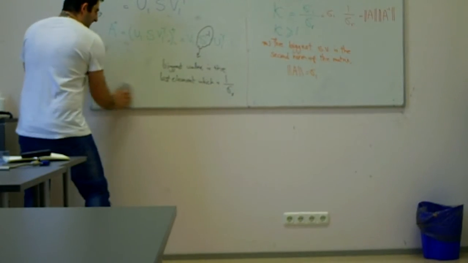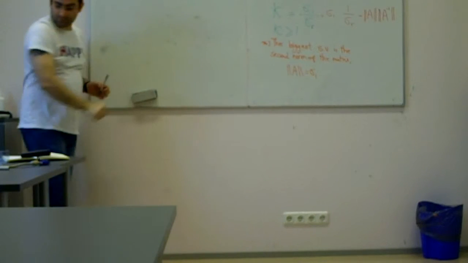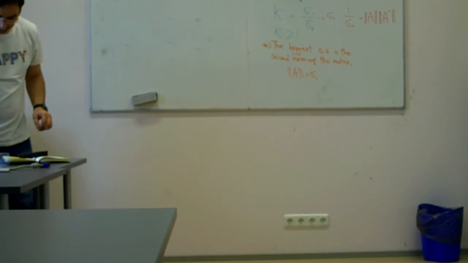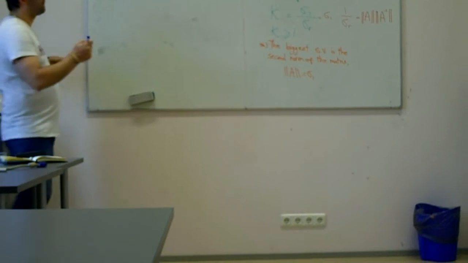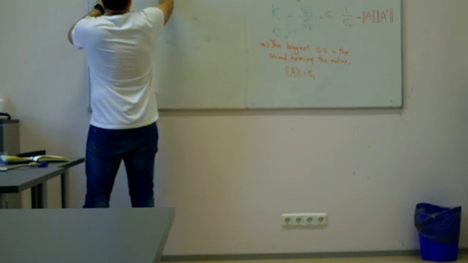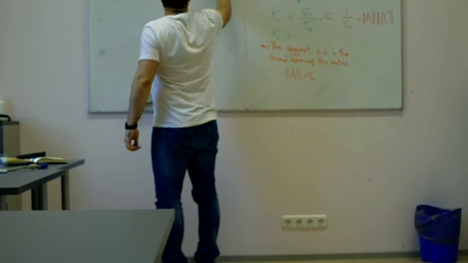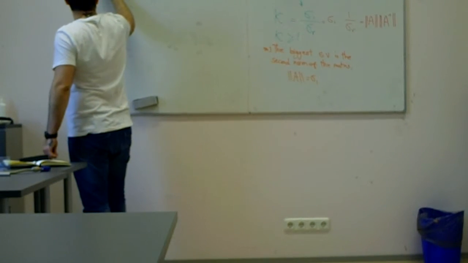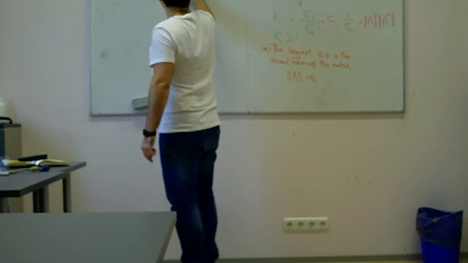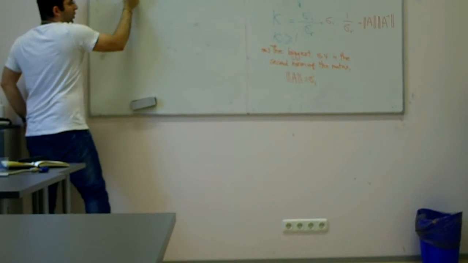So let's see what we mean by condition. The condition number is indicating how much change on the input of a function or operator.